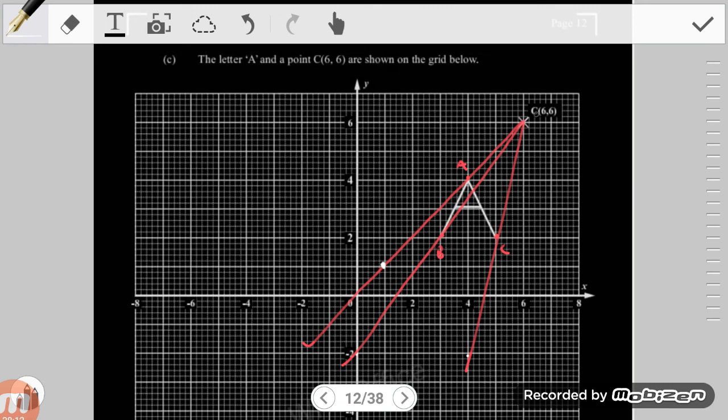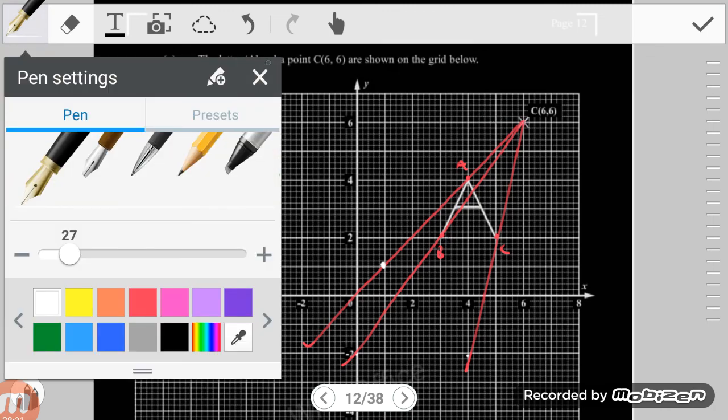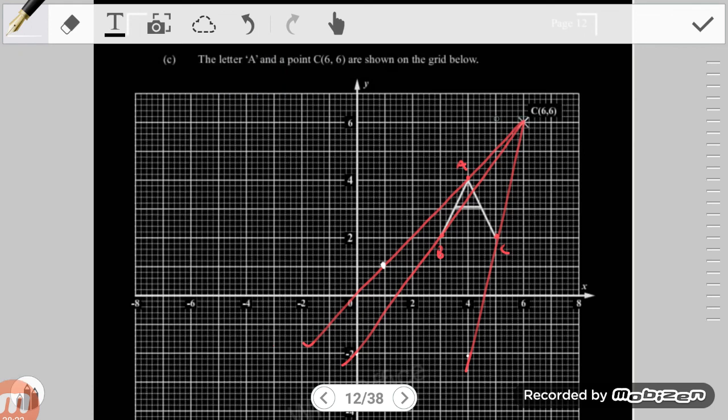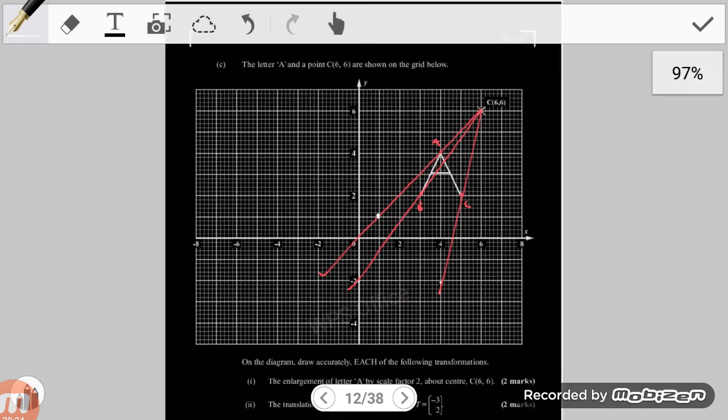Now let's do B. From the center of enlargement towards the position that I've labeled B, that's going to be, let's see here, 1, 2, 3, so that's -3, and 1, 2, 3, 4, so that's -4.